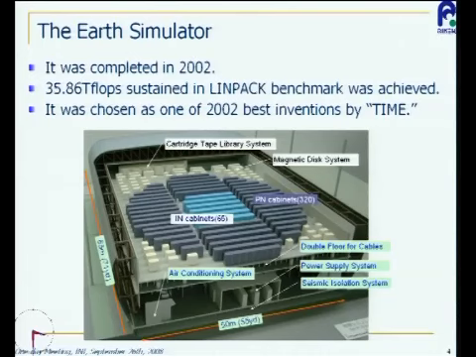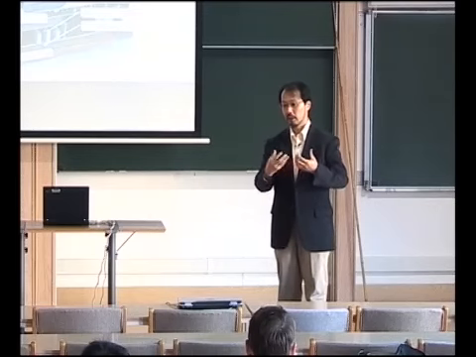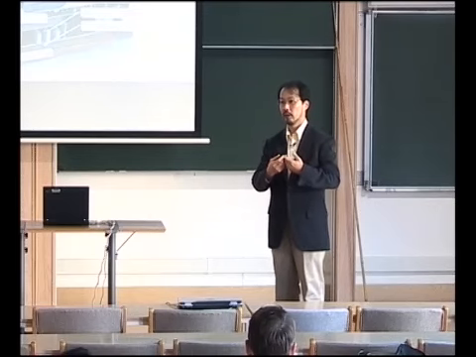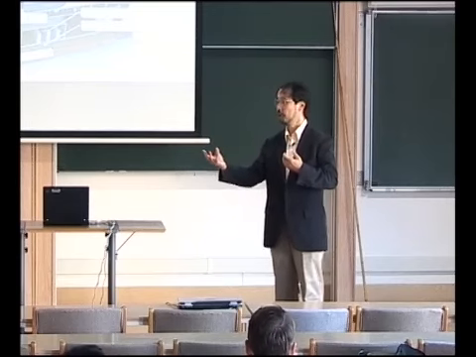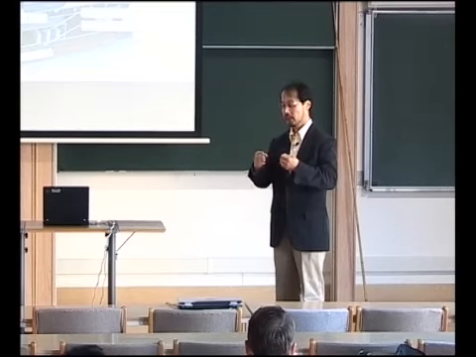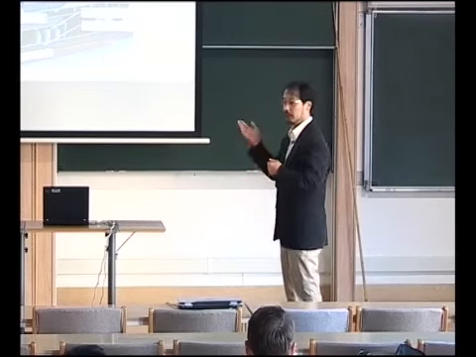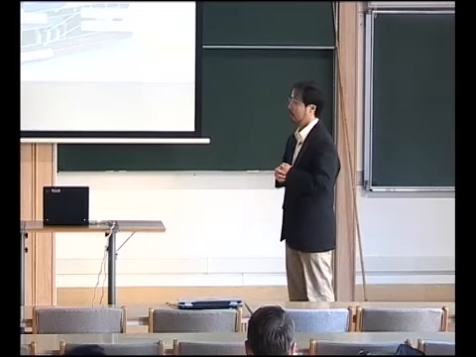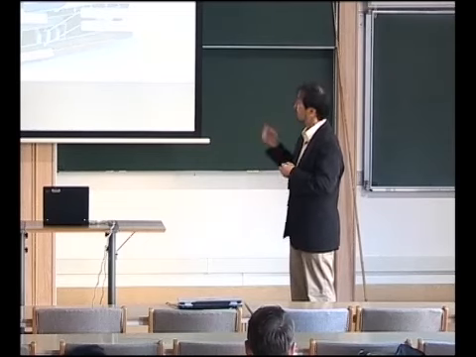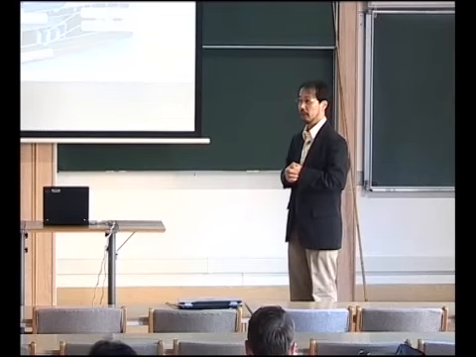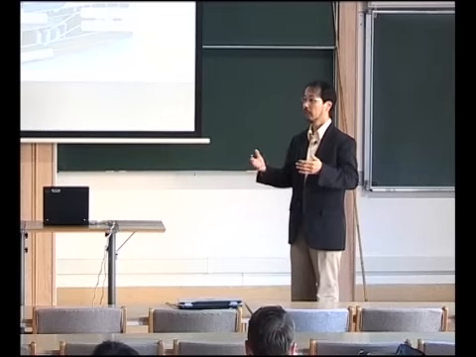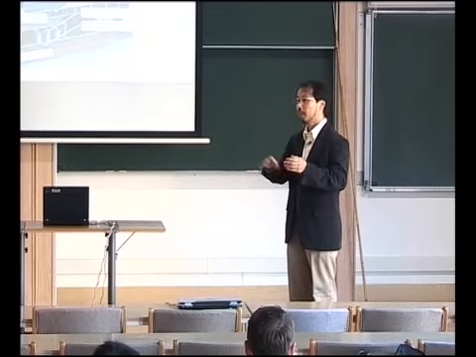The feature of the Earth Simulator is that it is a vector machine, and the compute nodes are connected by a full crossbar network. So each node can communicate with any other compute node by one hop communication.